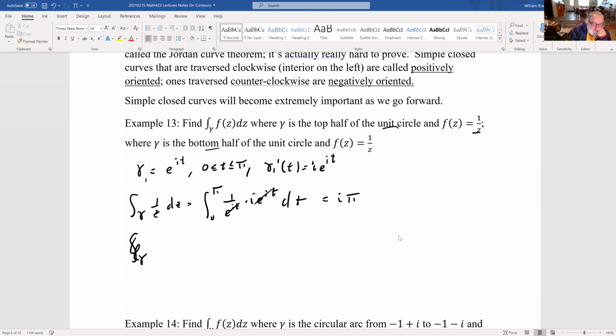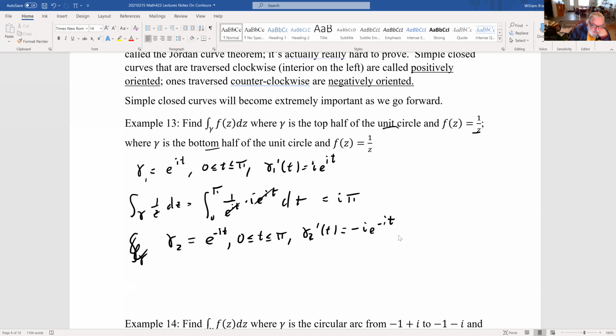So the other integral we want to do is gamma 2 equals e to the minus it with 0 less than or equal to t less than or equal to pi. That's the bottom half of the unit circle. And gamma 2 prime of t is minus i e to the minus it.